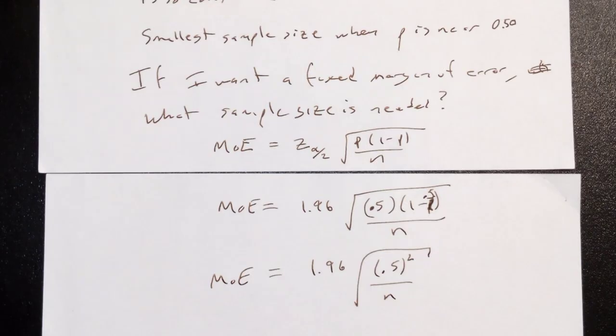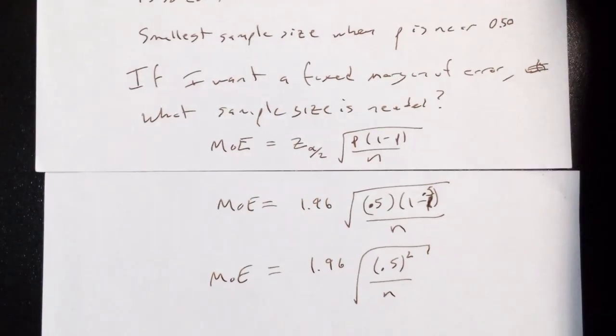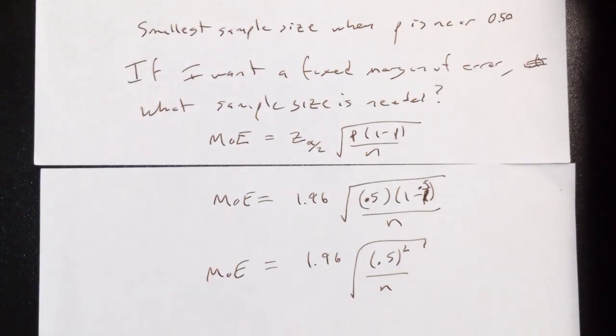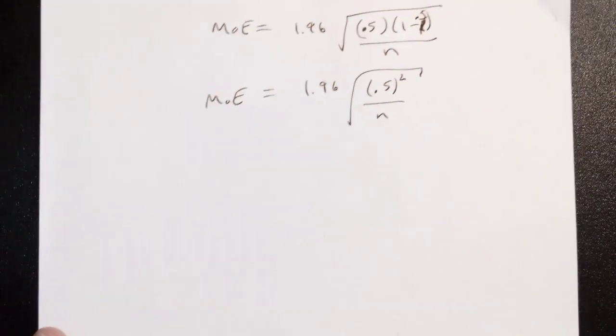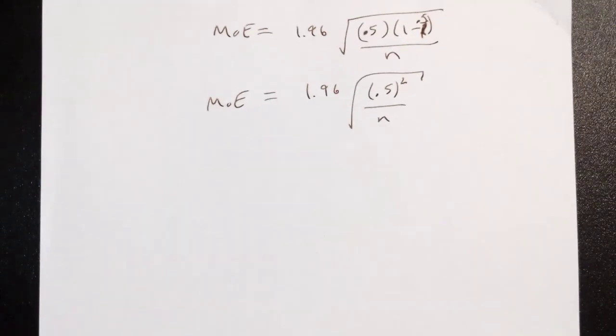Rearrange that equation. Solve for n. Want to solve for n, I got to get rid of the square root.